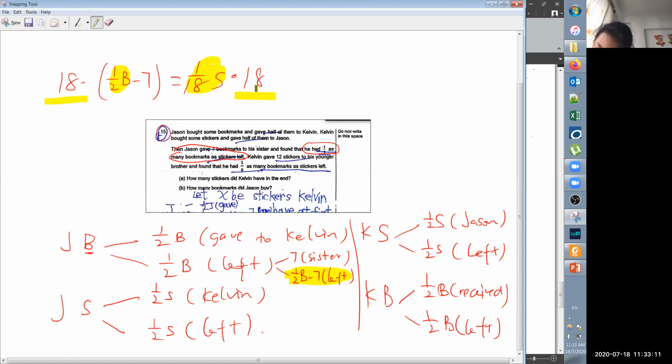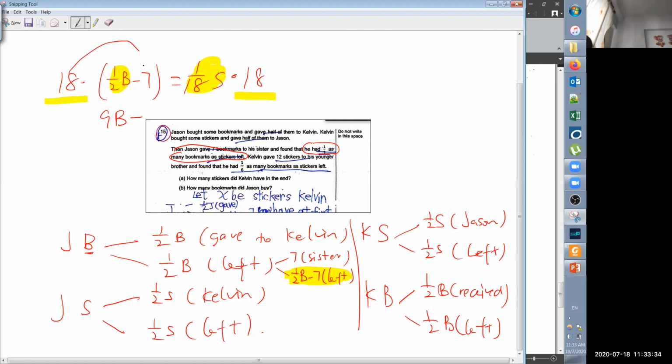Okay, if you times 18 on the left and you times 18 on the right, that means you did not change the equation. Okay? So once you times 18, then you get what? You get 9b. So 18 times 7, what is 18 times 7?